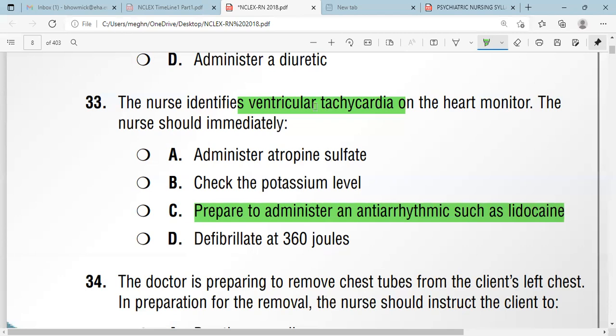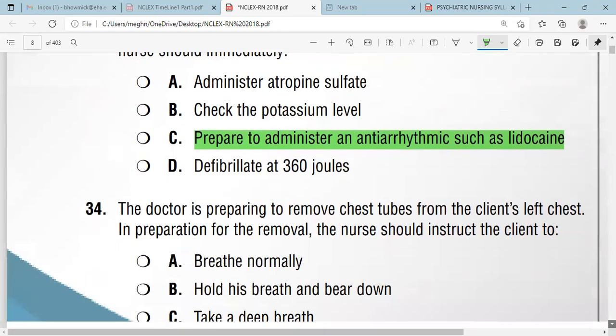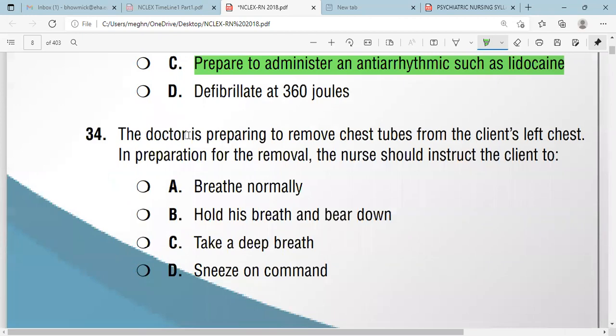As I told you, defibrillation should begin at 200 joules and be increased to 360 joules, not 360 joules at the beginning. So next question here. The doctor is preparing to remove the chest tube from the client's left chest.